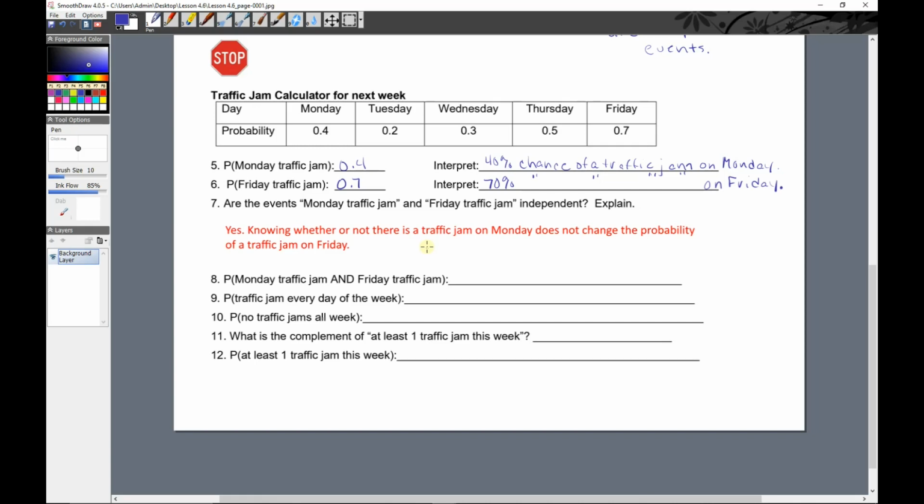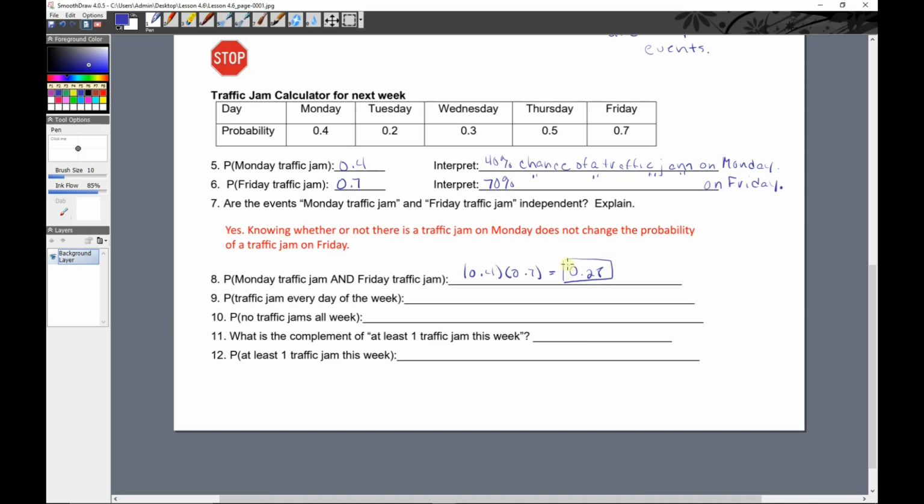But let's just go ahead and assume that these are independent, so that knowing whether or not there's a traffic jam on Monday really doesn't change the probability of a traffic jam on Friday. And for purposes of answering the remaining questions, let's just assume that traffic jams are independent events for any day. So the probability of a Monday traffic jam and a Friday traffic jam is going to be 0.4 times 0.7 equals 0.28.